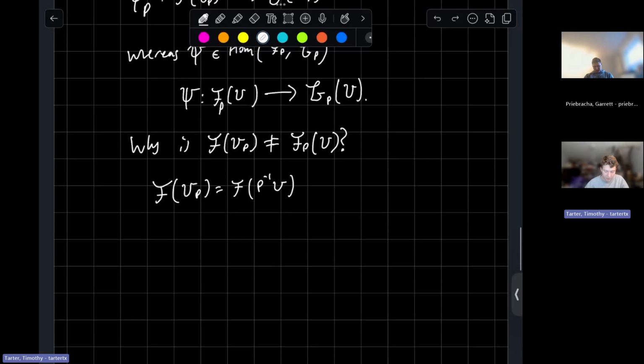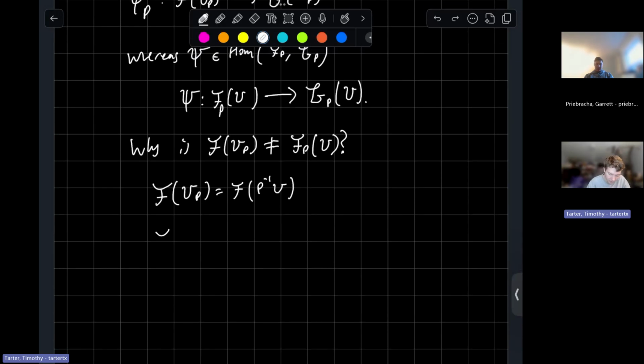Whereas the localization of F_P at U is the localization of the sheaf to a stalk.